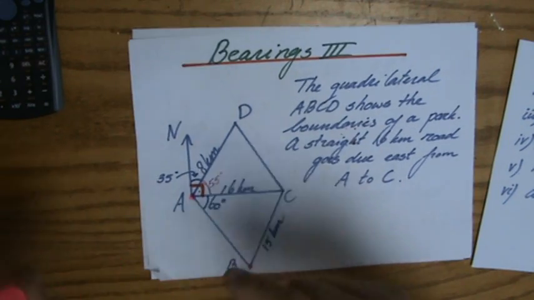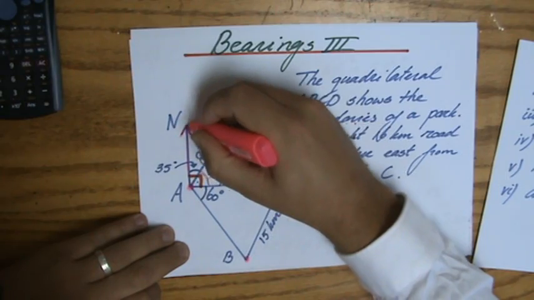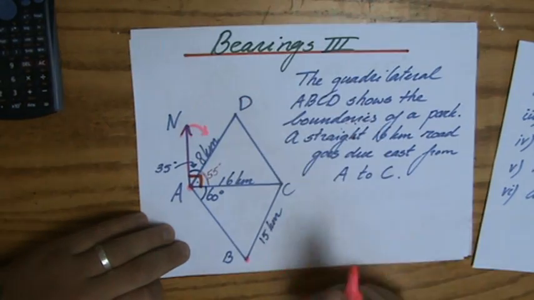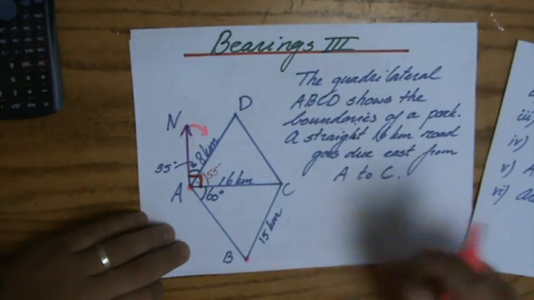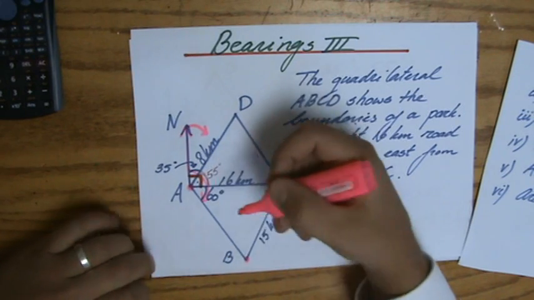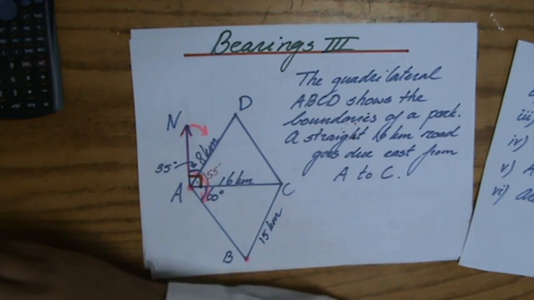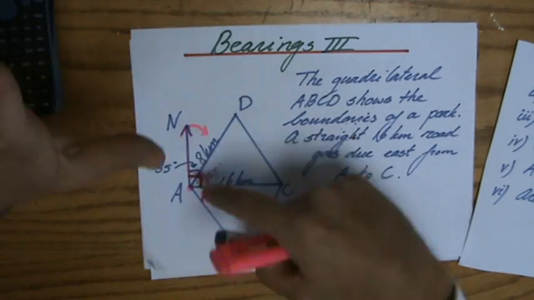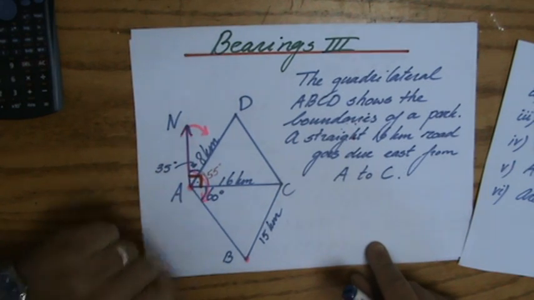We know that a bearing is measured from the north in a clockwise direction. So basically the question, what is the bearing of B from A, means what is this angle? All of a sudden it's not too difficult, because I have a 90-degree perpendicular angle there and a 60-degree angle there.